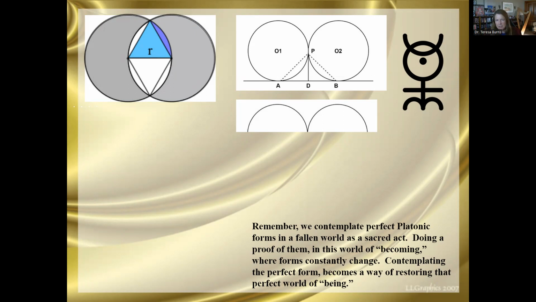That is doing ancient geometry the ancient Greek way, and it's sacred geometry, because doing a proof of a perfect form like this one, the vesica, or this one, two circles intersecting at a point, is a way of having a vision into this hidden, invisible, eternal world, and a way of restoring the good, the bonitatis, in a fallen world. Contemplating perfect forms becomes a way of restoring that eternal world of being.